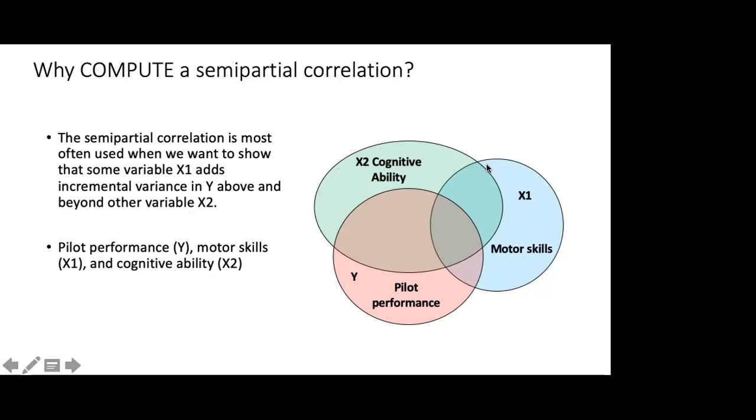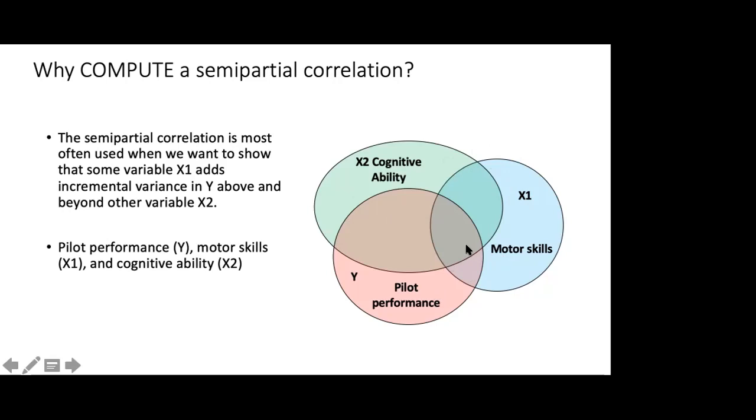So what we would do here is residualize x1 on x2. That means we would remove all the variability in x1 that x1 shares with x2, all the stuff that is not specific to x1. We would predict x1 from x2 in a regression model, and then we would use the x1 residuals and see: do these residuals correlate with pilot performance, yes or no?